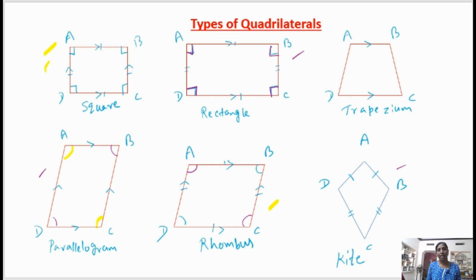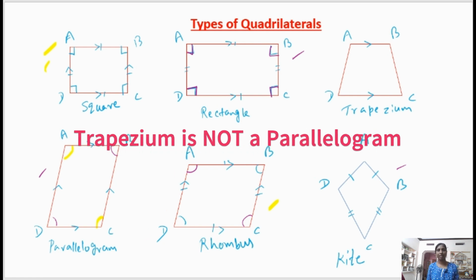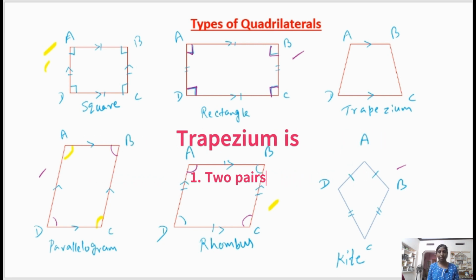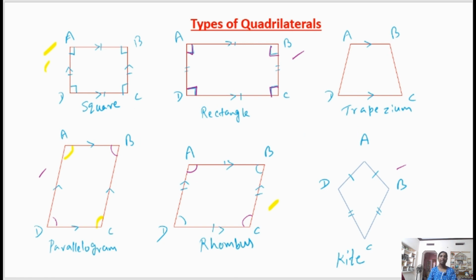So in a parallelogram, one pair of opposite sides is parallel, so a parallelogram is a trapezium. But a trapezium is not a parallelogram, because in a parallelogram, two pairs of opposite sides should be parallel. So a trapezium cannot be a parallelogram, but a parallelogram can be a trapezium.